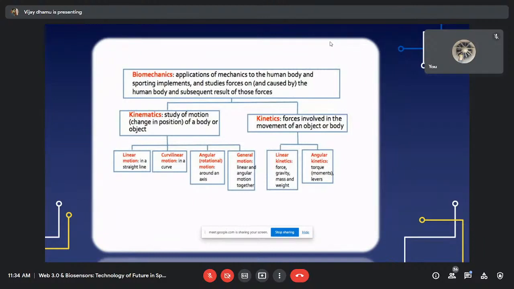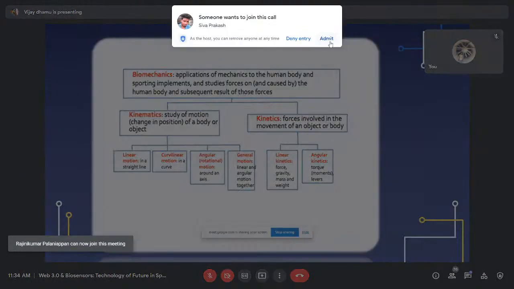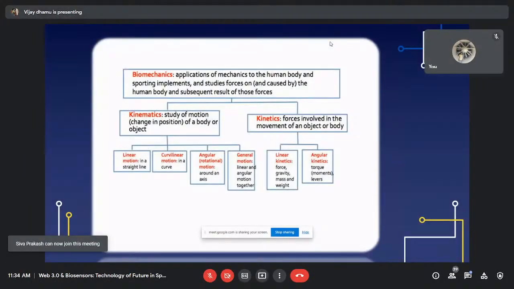Biomechanics is divided into two parts: kinematics and kinetics. In kinetics we study the force that causes the motion, and in kinematics we study the effect of the force. Effect of the force means, if I push something, the push is a force, and how far the body is moving, or how far some body might rotate.